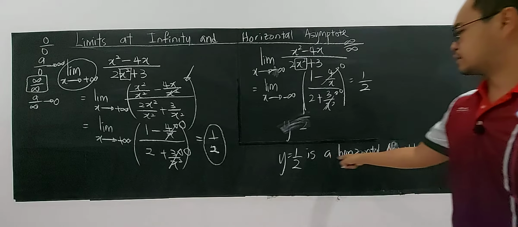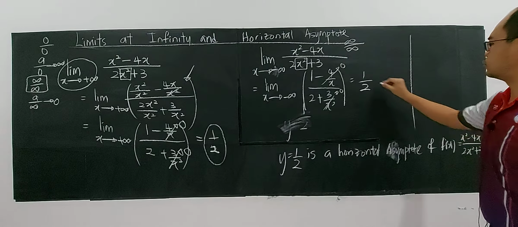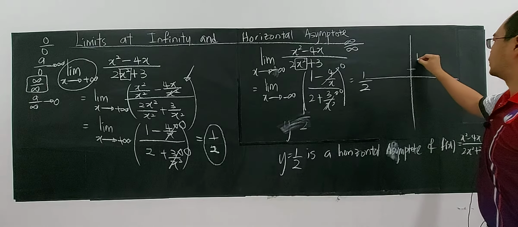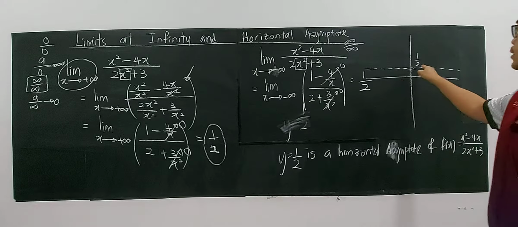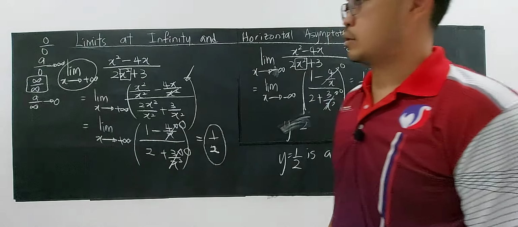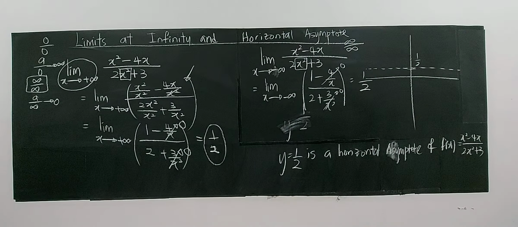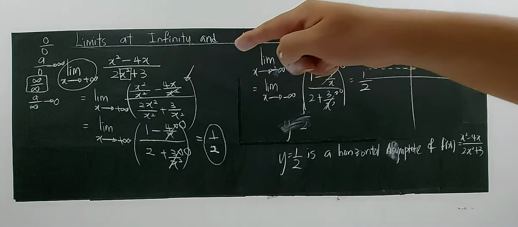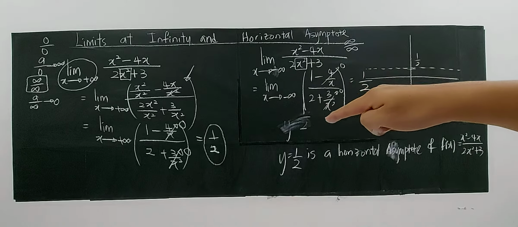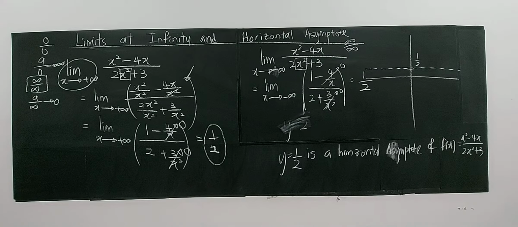When you're sketching a graph, there is a horizontal asymptote here. I hope you understand how to evaluate this type of limit at infinity, and that this value represents the horizontal asymptote.